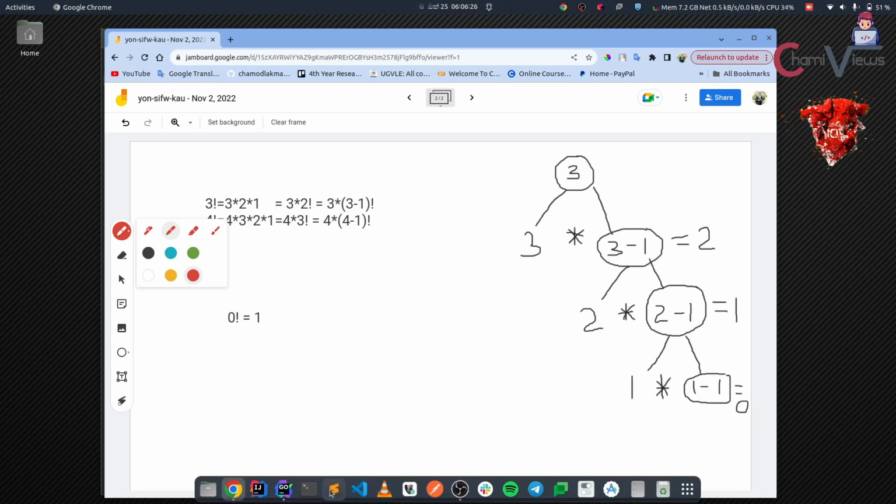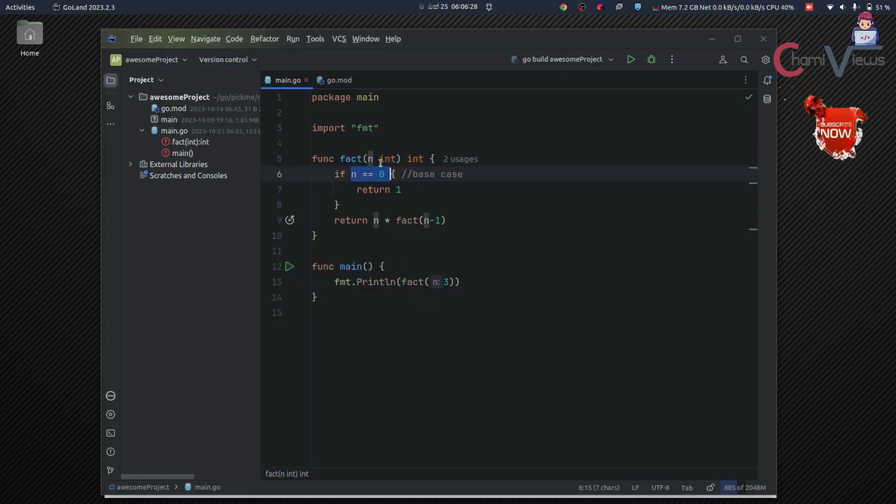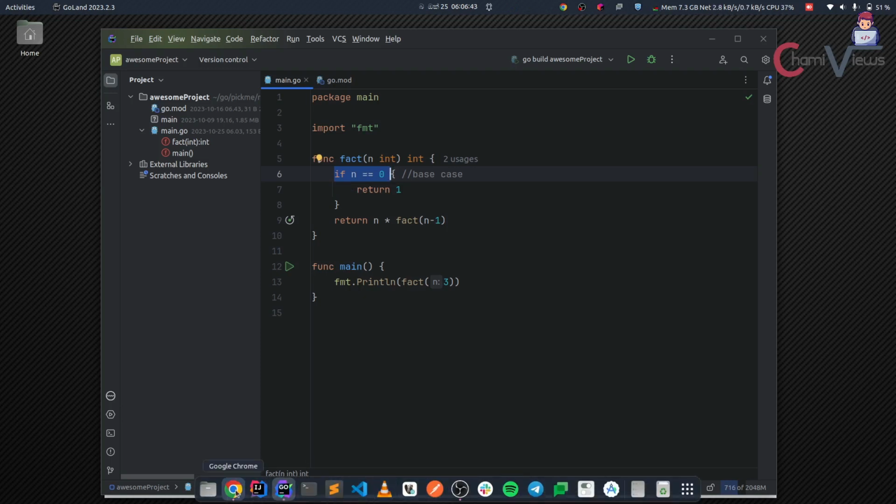Now it calls again with the n value 0. It goes to the if condition and then returns 1. This is the base condition, that is the very important thing. If you haven't put that, it will run infinitely.